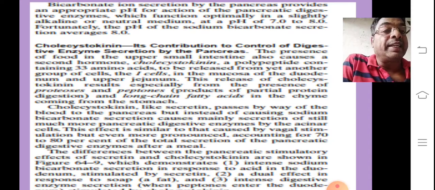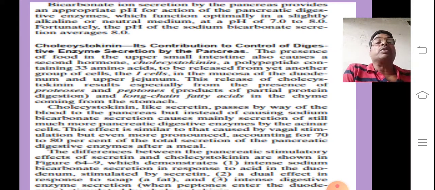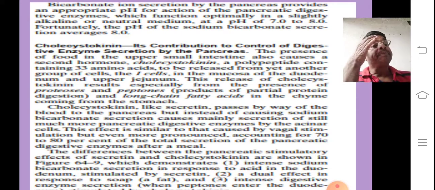Cholecystokinin, like secretin, passes by way of the blood to the pancreas, but instead of causing sodium bicarbonate secretion, it causes mainly secretion of much more pancreatic digestive enzymes by the acinar cells. This effect is similar to that caused by vagal stimulation but even more pronounced, accounting for 70 to 80% of the total secretion of pancreatic digestive enzymes after a meal.